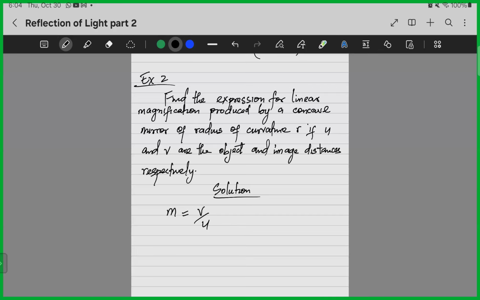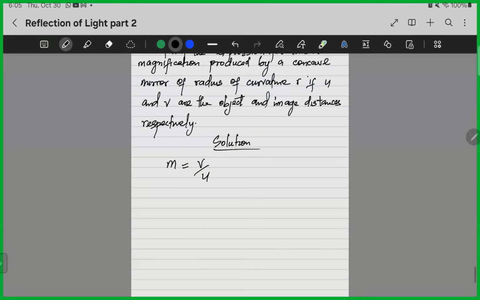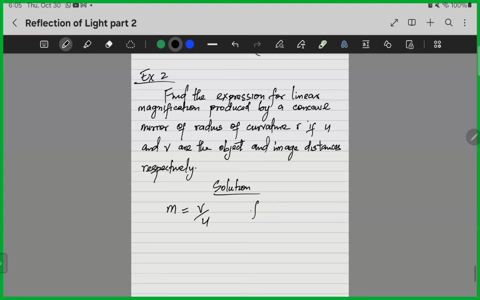So let's not bother about this, because linear magnification is V over U. If you are looking for focal length from radius of curvature, we know that F equals R over 2.